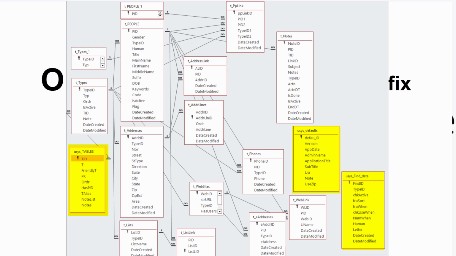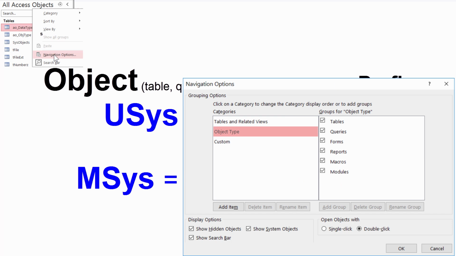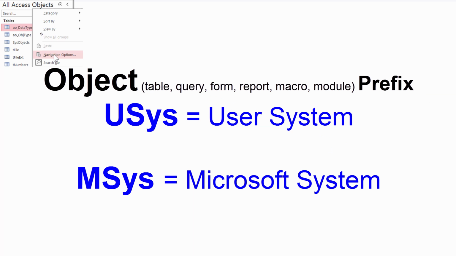So I kind of quit using Usys for the stuff I release, but I do use it for things that I write for other people, because Usys always is hidden. So I'll do a Usys underscore T or a Usys underscore Q, or whatever kind of object it is, just so that it will be hidden. And MSys, of course, is the Microsoft system tables.